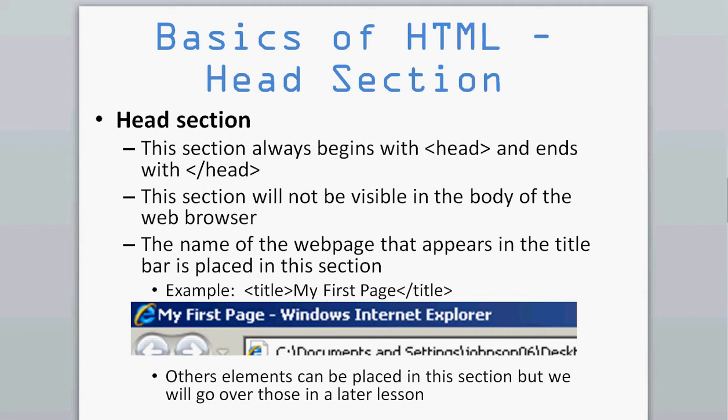This section will not be visible in the body of the web designer or browser. The name of the web page that appears in the title bar is placed in this section.